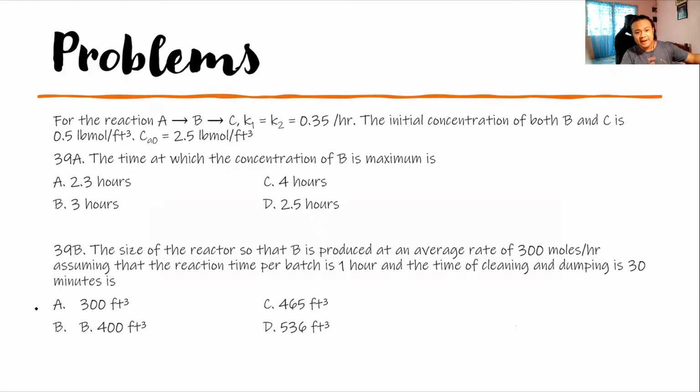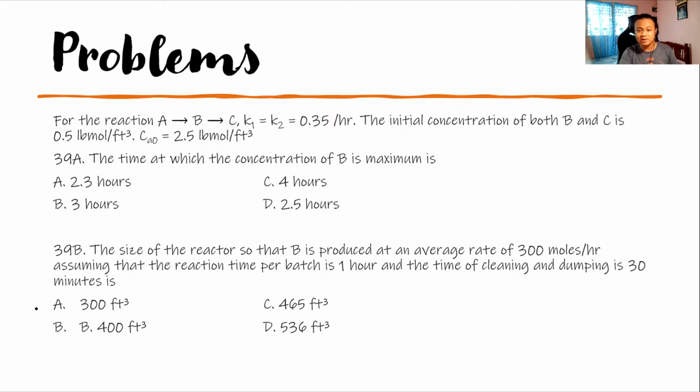Now for the reaction A produces B and then B produces C, both of the K values are equal. The initial concentration of both B and C is 0.5 pound mole per cubic feet, and CA0 is 2.5 pound mole per cubic feet.